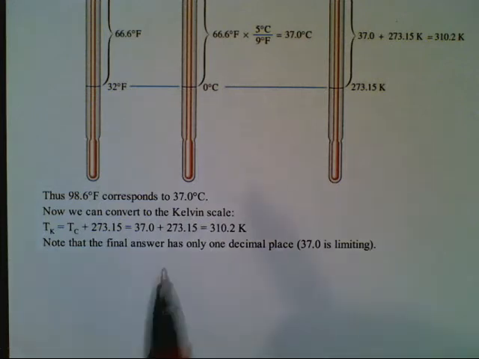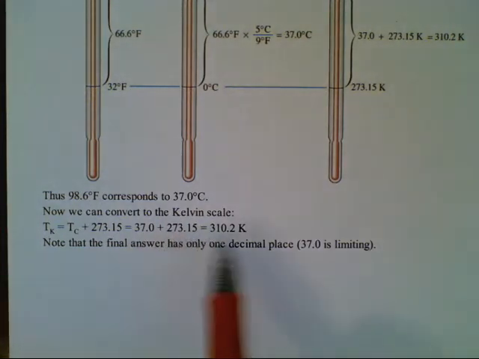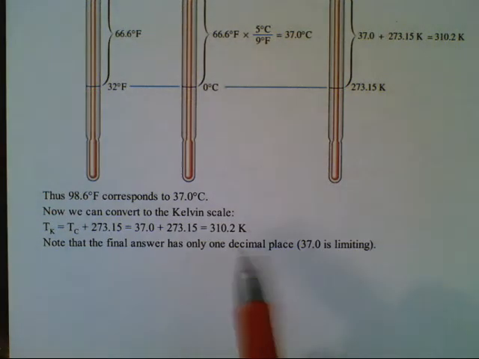So what that ends up looking like is 37.0 plus 273.15. That's your 310.2 Kelvin. And note that the final answer has only one decimal place because the 37.0 is the limiting factor there. Again, get in the habit of always asking, okay, here's my answer. Are the significant figures right?